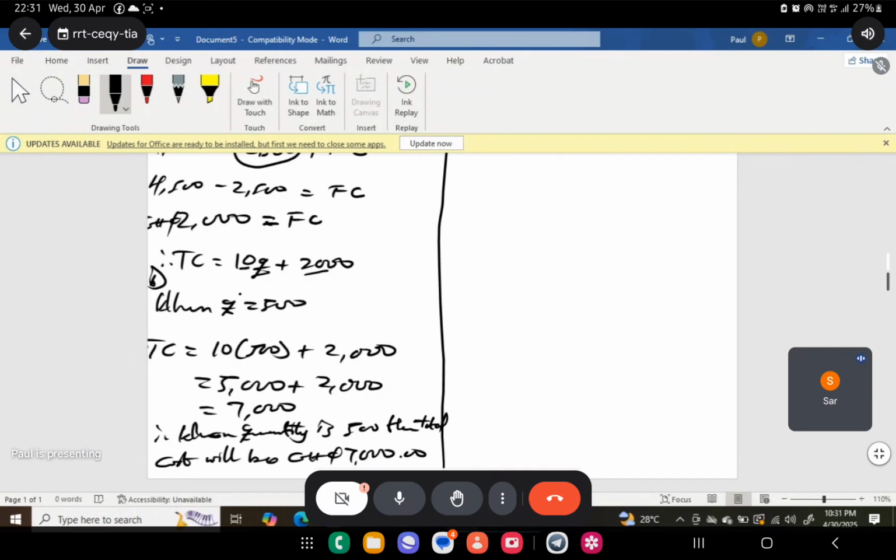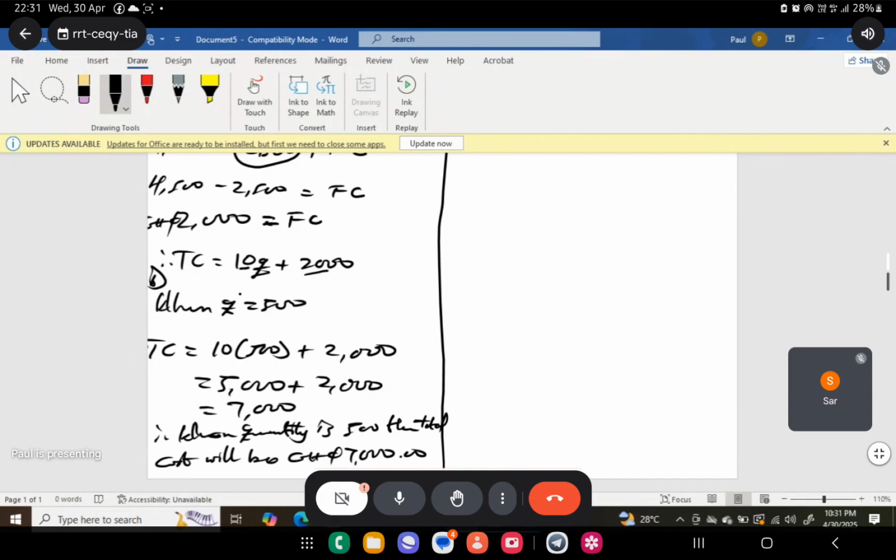From the beginning. So that's the question. When Q equals 500, or is it 800? 500. They are saying, what will be the total cost when 500 cartons are produced? So you just insert the 500, replace the Q by 500, because Q is quantity produced.